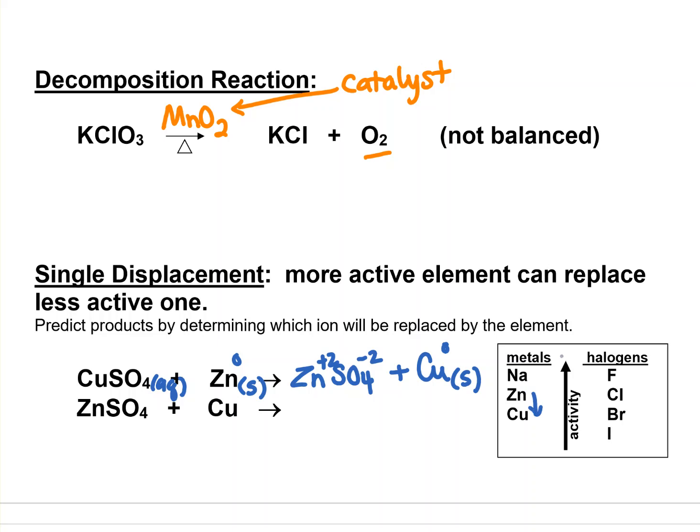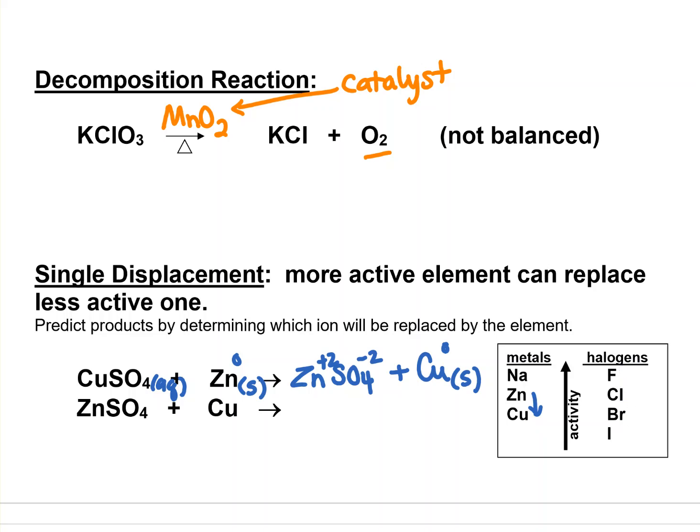So higher on the chart means more active. Sodium could replace zinc or copper. An element can replace whatever's below it. On the halogens, of course, they form negative ions, but they can be the replacing element as well. And fluorine can replace any of those below it. If you'll notice, this is their order on the periodic table.